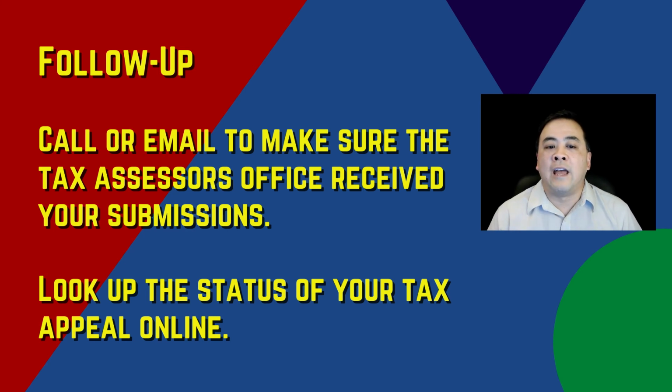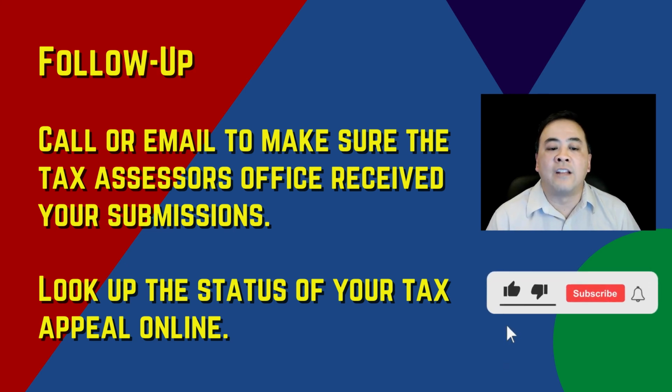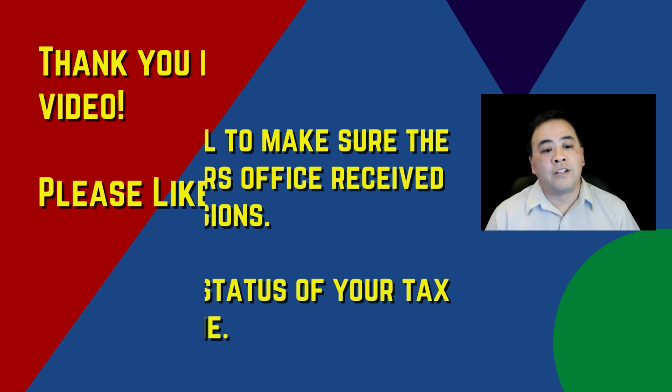What you don't want to have happen is you send it in and they never get your tax appeal form. That is a bad situation. And this is where your post office receipt will come in handy. Another way to follow up is you can look up the status of your tax appeal online for those counties that have that service.